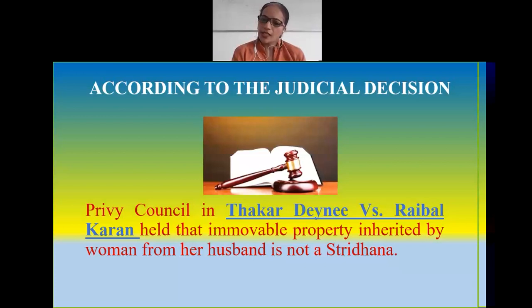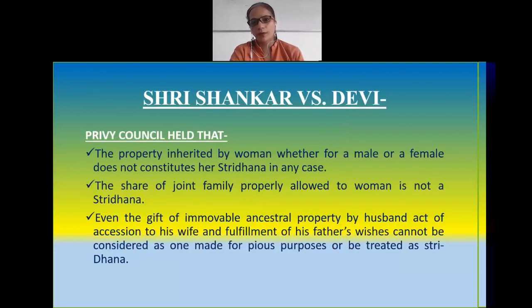That is to say, the definition of Stridhan is limited to the property which the woman actually received from her father, mother and brother. Apart from that, the property which she received before the nuptial fire, at the time of the bridal procession, and afterward as a token of love, would be considered to be the Stridhan of a woman.